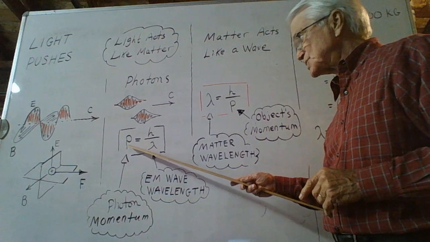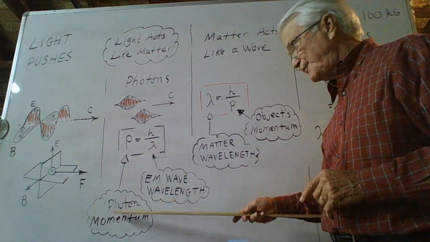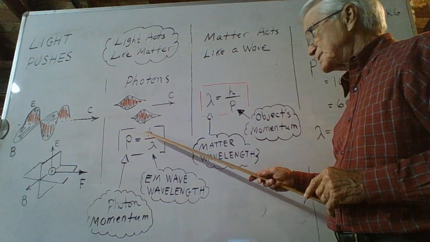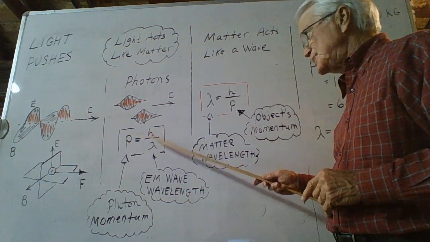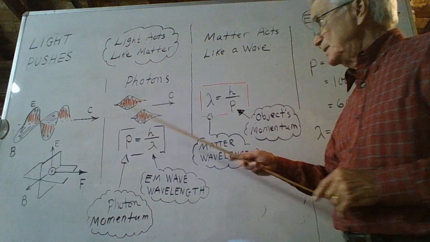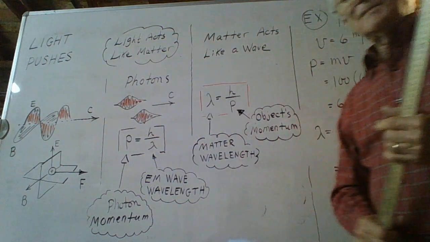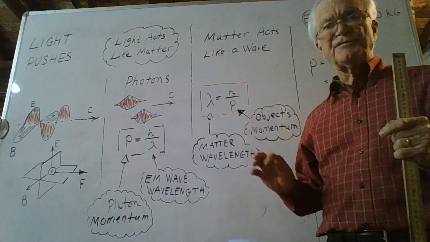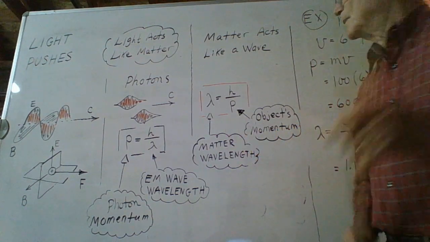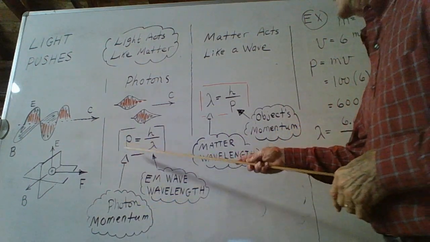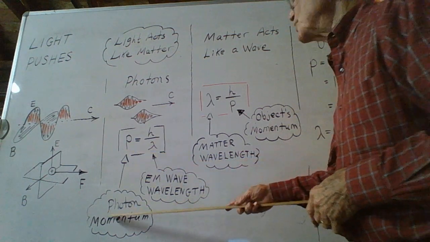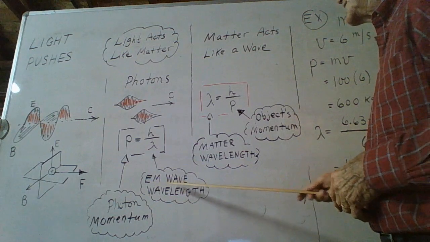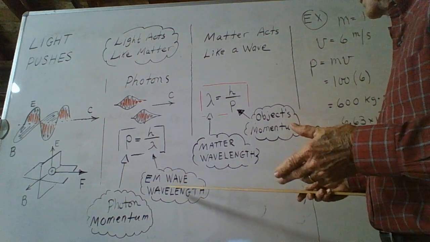There's the momentum symbol. That's the momentum of a photon. And it's equal to Planck's constant h divided by the wavelength of the light that we may imagine contains a stream of photons. I'll emphasize that p is the photon momentum, and that lambda is the electromagnetic wavelength.